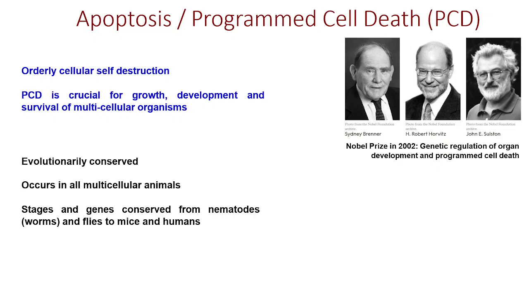The importance of this process was underscored by the Nobel Prize awarded in 2002 for the discoveries on genetic regulation of organ development and programmed cell death. So many of the core genes and stages in apoptosis are conserved across the species.